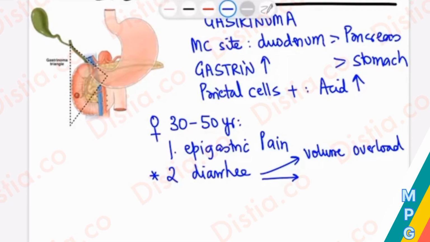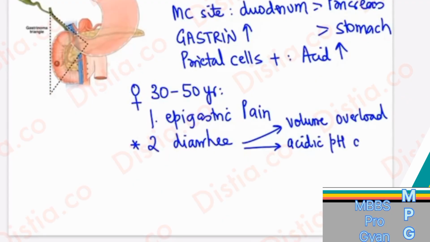My next statement will sound more convincing to you. In this particular patient, the extra acid will contribute to an acidic pH in the duodenum. Please appreciate that in the duodenum we have a release of bile that causes an alkaline pH, but here the excess acid is causing an acidic pH. What will it cause?